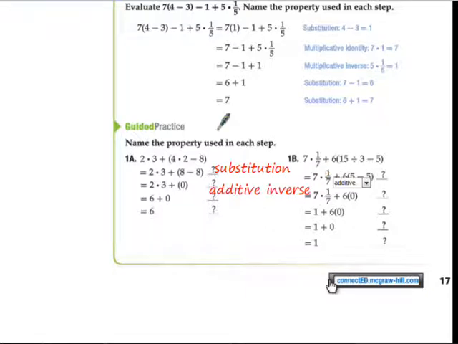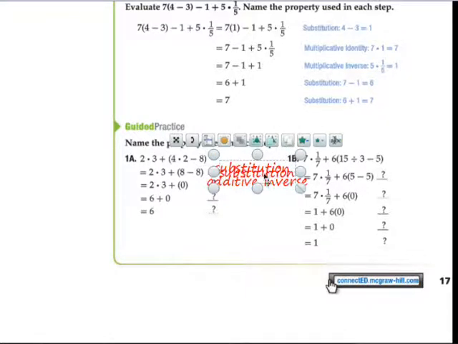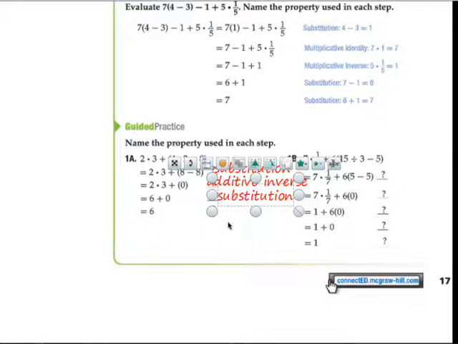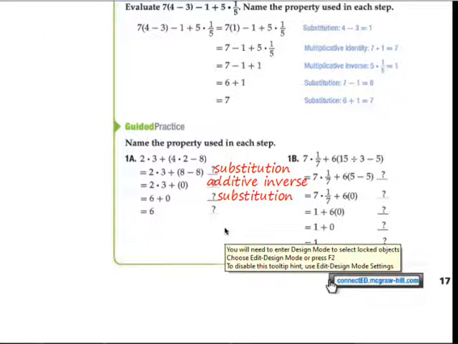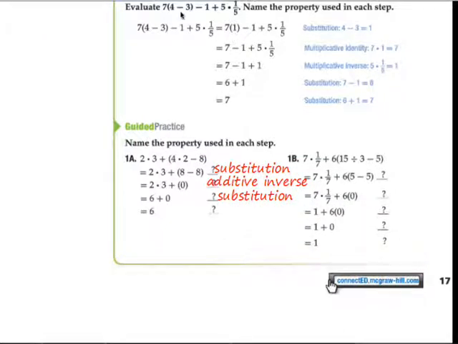All right. Then the next thing we have is, instead of 2 times 3, we have 6 now. Well, that's substitution again. That's when we're substituting a value for an equivalent value. And then 6 plus 0, we know that equals 6 because of the additive identity. Because anything added to 0 is itself.